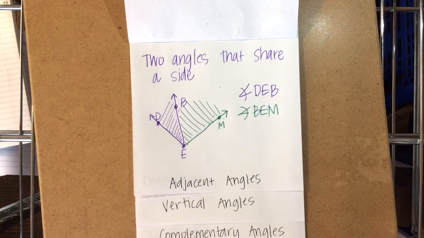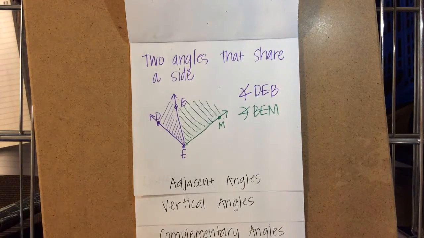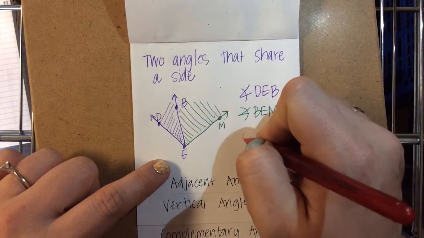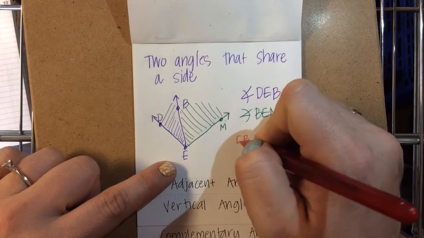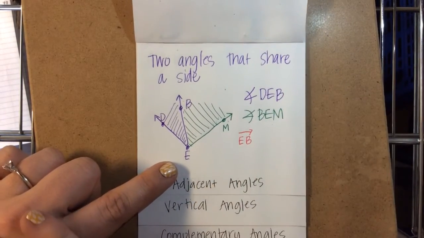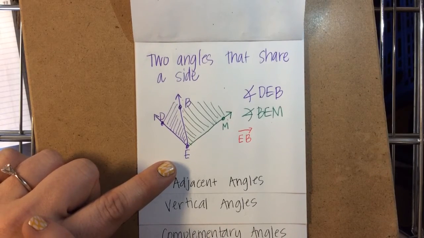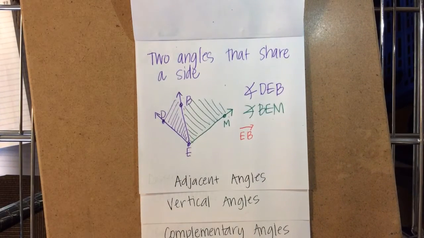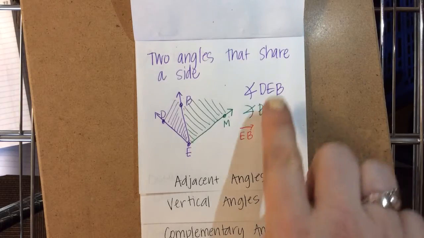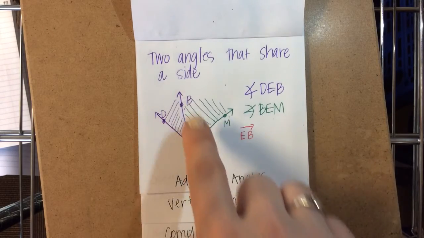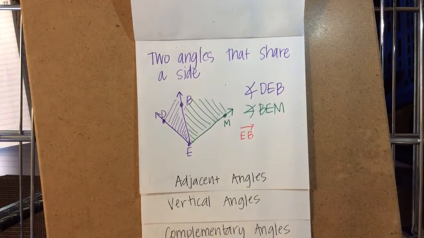What do they share? A side. And what is that side that they share? They share EB. That's the same, right? Both angles have E and B in them. They're adjacent. They touch.